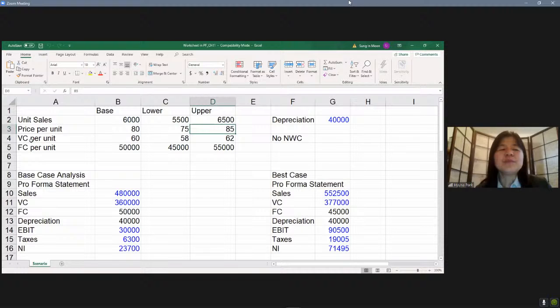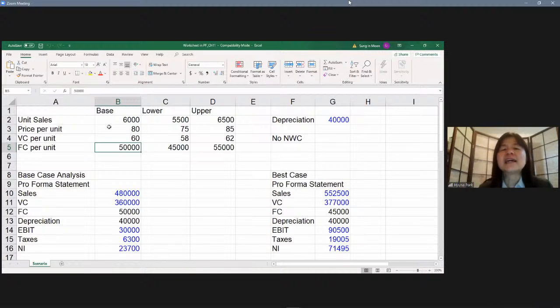So VC means variable cost. Variable cost, like raw material cost, similarly, on average, 60 is the estimate, but can be lower or higher. So lower bound, upper bound. Fixed cost also can be as low as 45,000, as high as 55,000, but our base case estimate is 50,000.